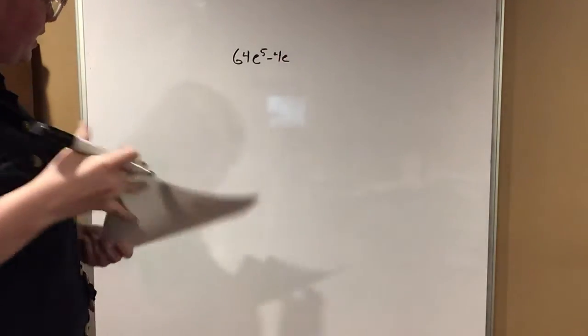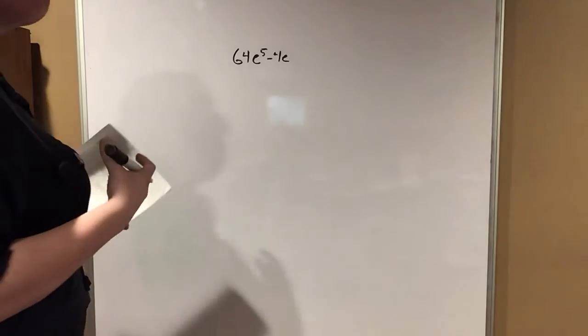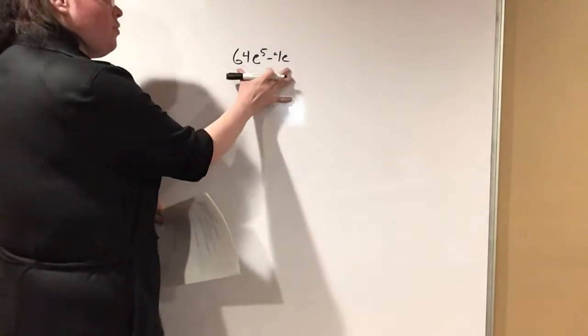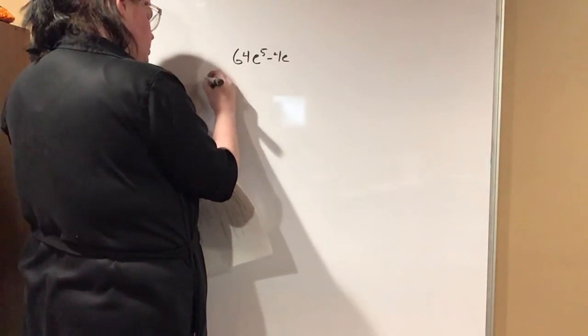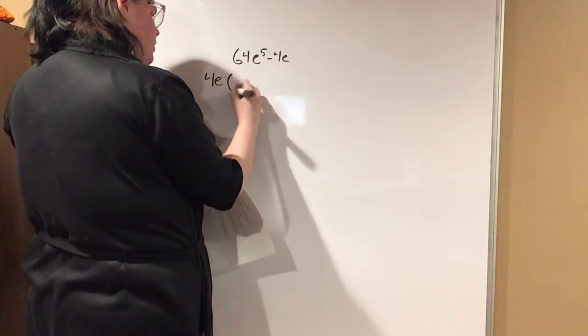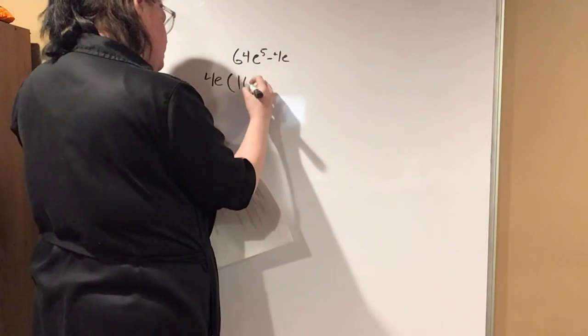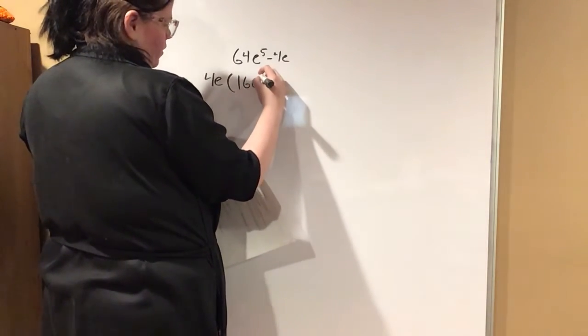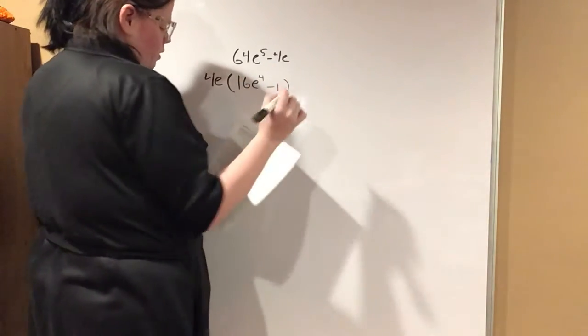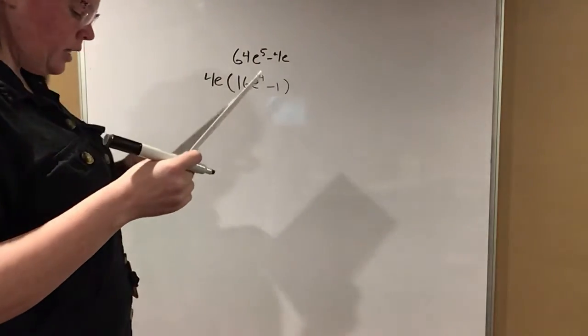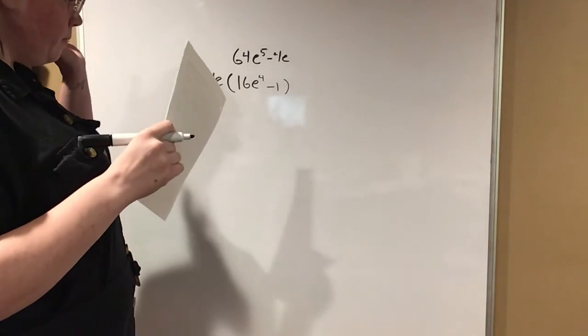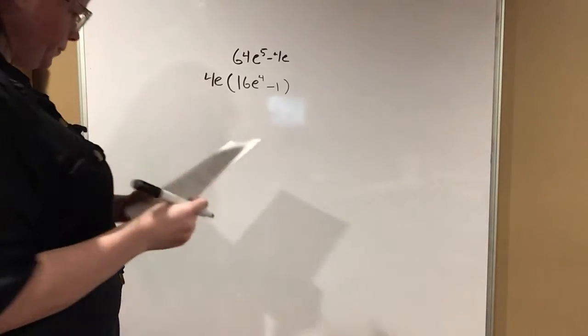Well, I'm going to take something out. I'm going to take a 4e out because that's common. So 4e. 64e to the 5th divided by 4e is 16e to the 4th minus 1. Well, right here, that is a difference of squares.